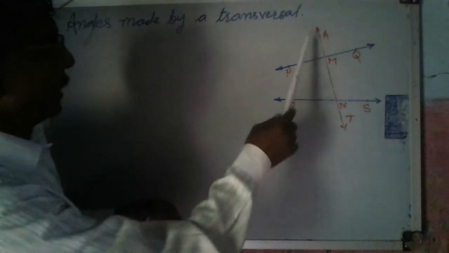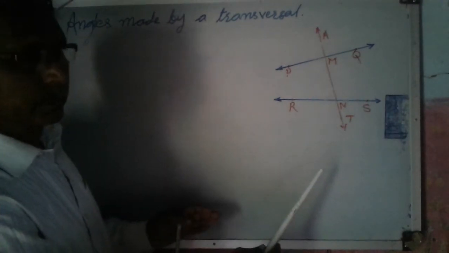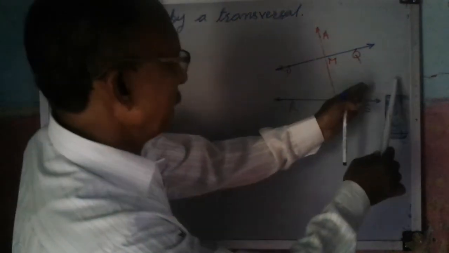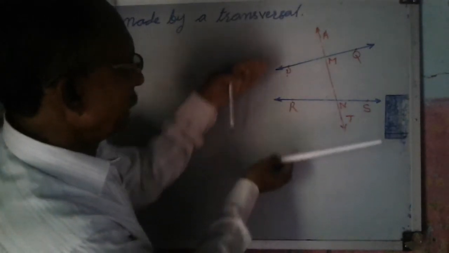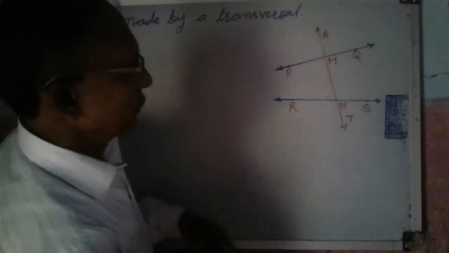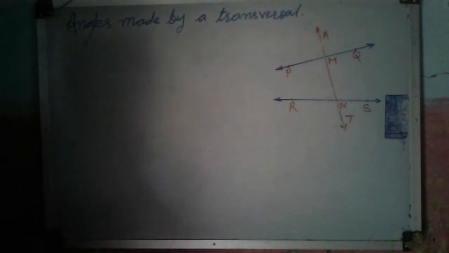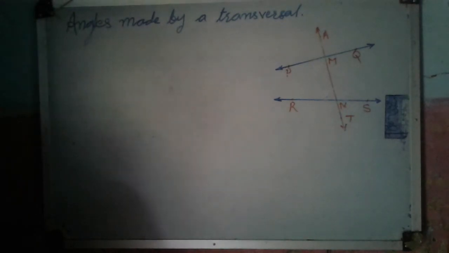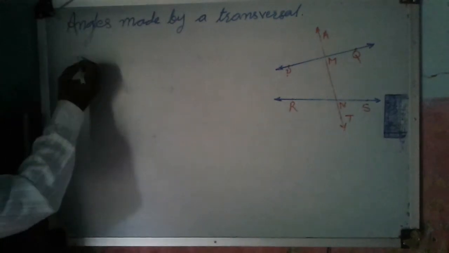The angles which are on the same side, either this side or this side, and angles which are inside these two lines. Such pairs we will find, and such pairs are called interior angles.